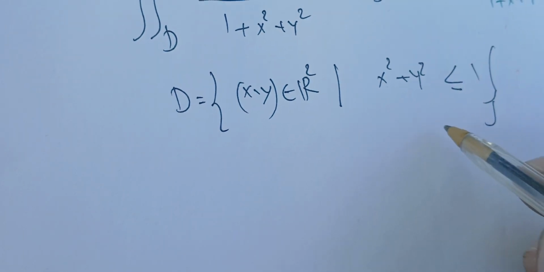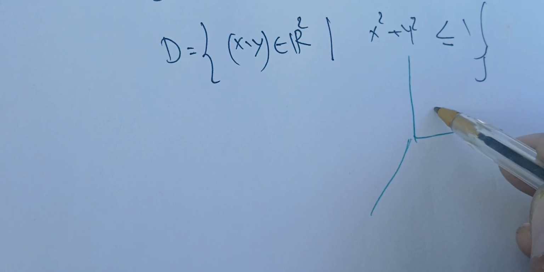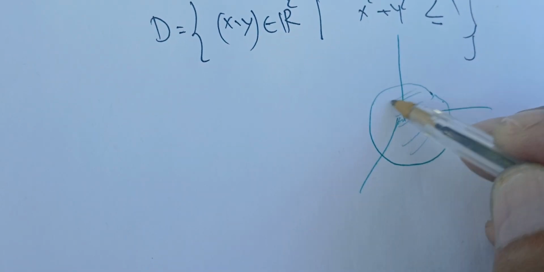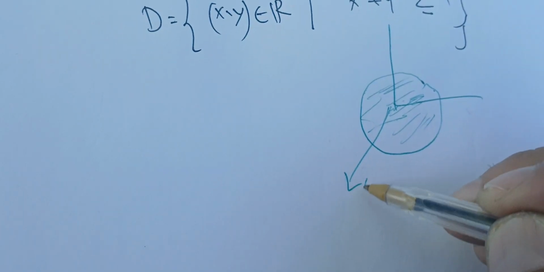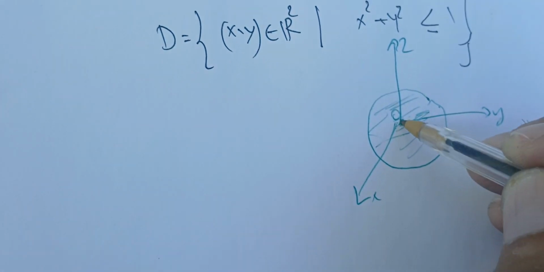That means in our case we have this disk. So this is in the xy plane. This is x, this is the origin, this is y, and this is z.